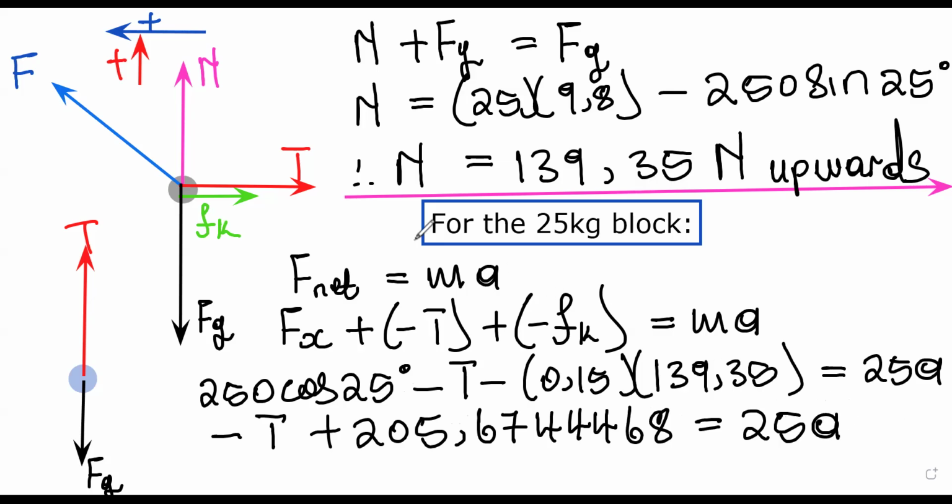And now we can see that we have one equation that has two unknowns. We don't know what's the acceleration. We don't know what's the tension. And so we need to resort to the 10 kg block in order to get the second equation. Moving on.